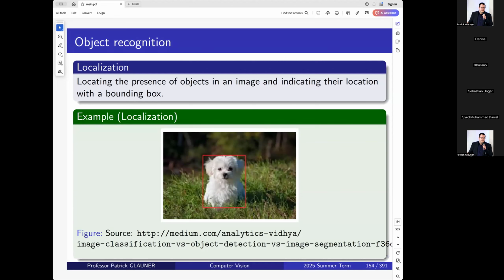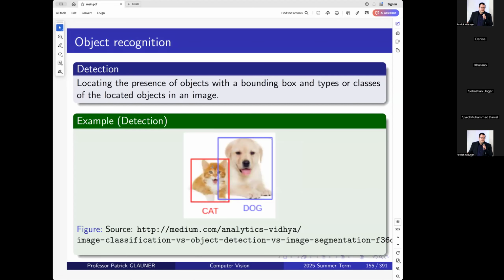We have not classified this yet, because if we take the object that we have located and classify it, this is often denoted as object detection: we locate an object, find its bounding box, and then we try to classify what's in the bounding box.